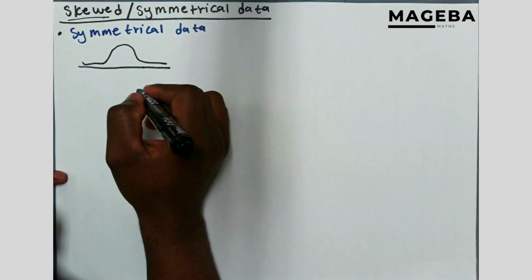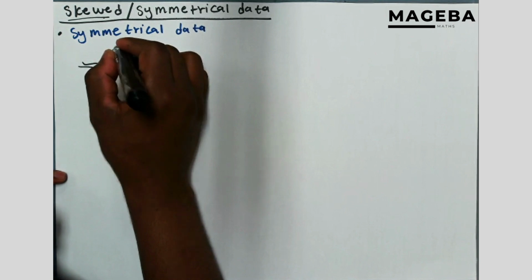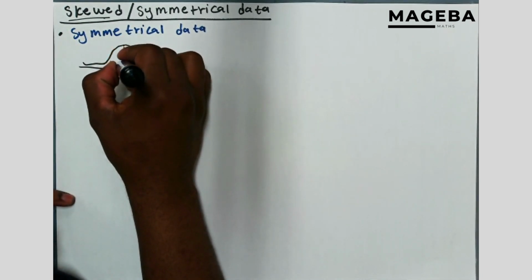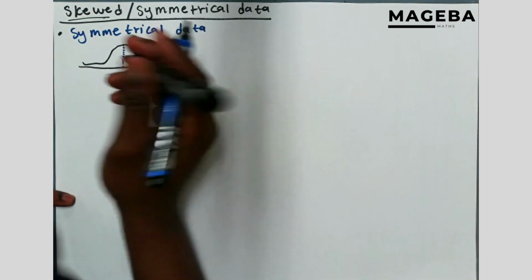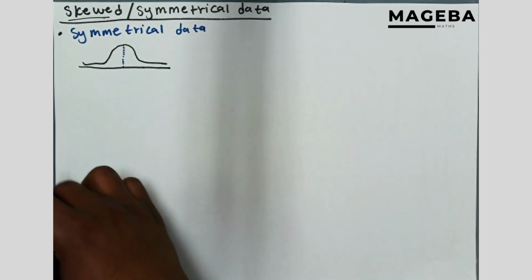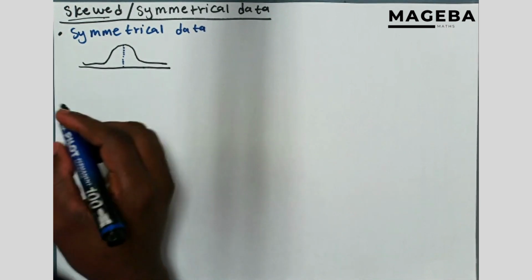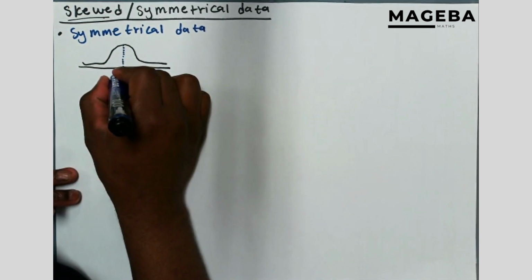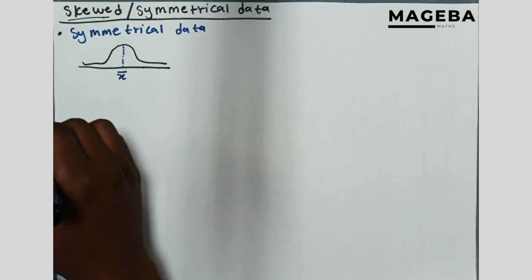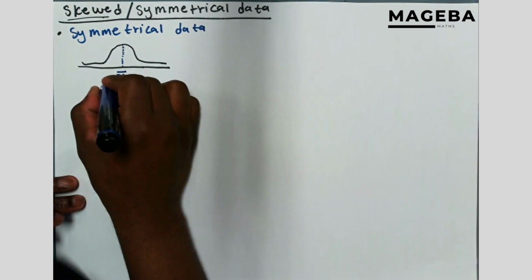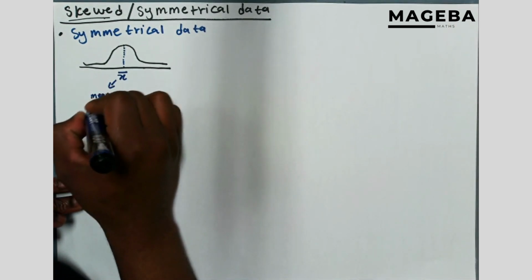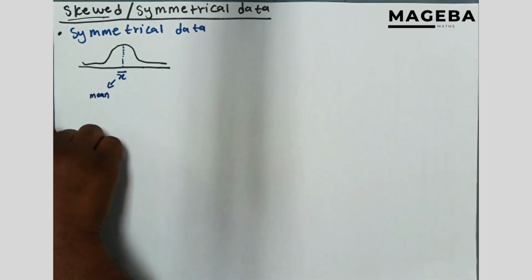This is one of these mountains where the left hand side is equal to the right hand side, and the right hand side is equal to the left hand side. This one here is the median. It's the median, which is also what? A mean. I hope you still remember what a mean is.